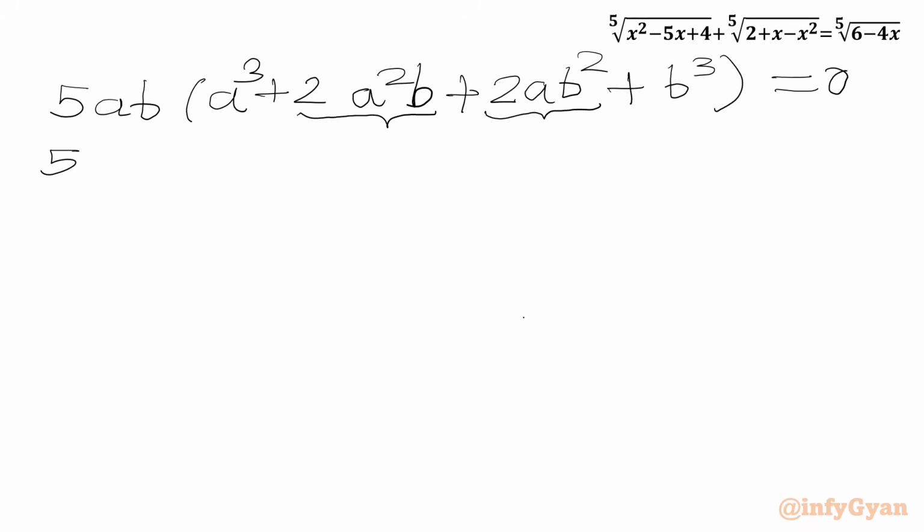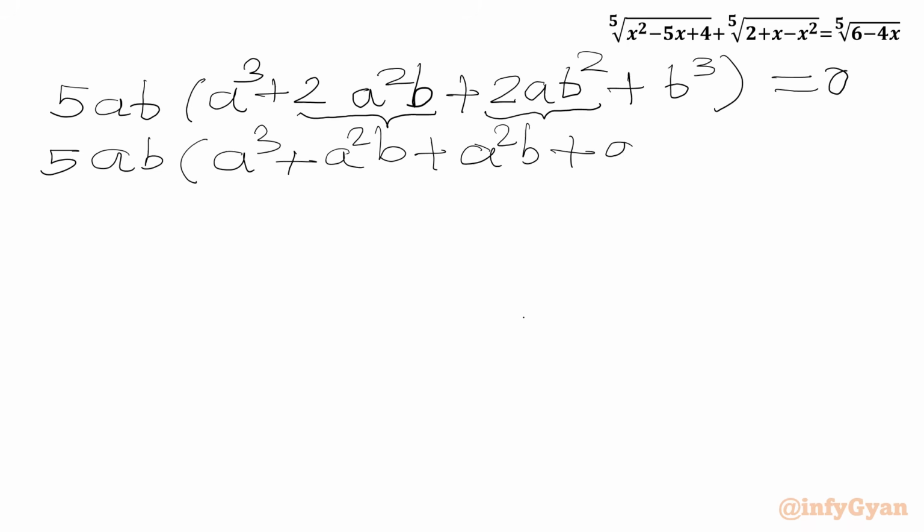So let me write here 5ab. In bracket we'll write a cube plus 2 times a square b, we'll write a square b plus a square b. Then we have 2ab square, which we will write ab square plus ab square. Then we have b cube. We will write b cube.